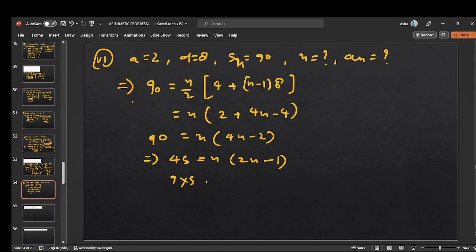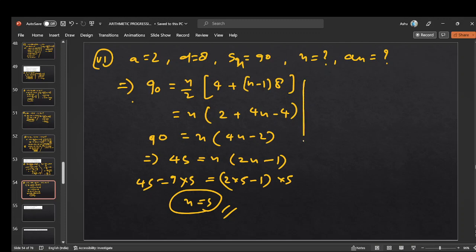If 5 is n, then we can write 5 into 2 into 5 minus 1, which is 9, so because it is 45, n will be 5. This is the way to find out the solution without using a quadratic equation. Clear?